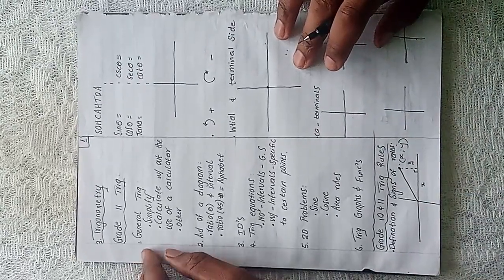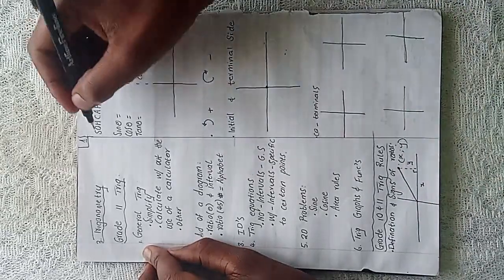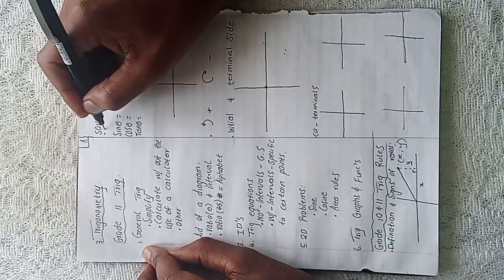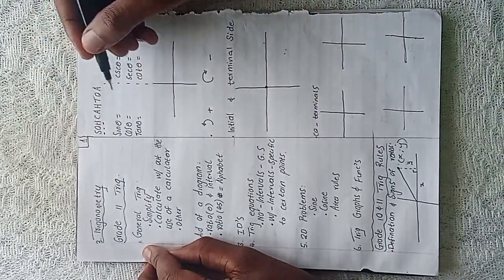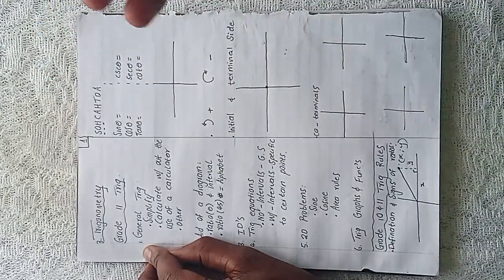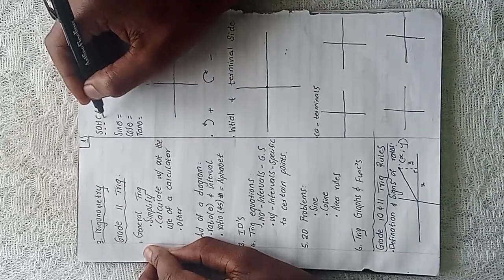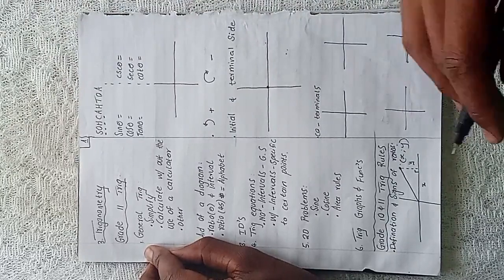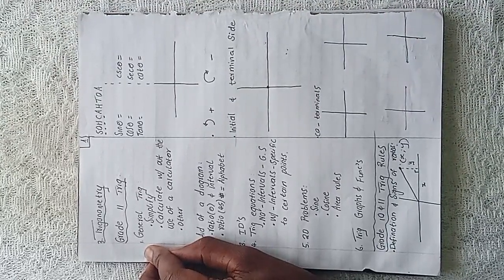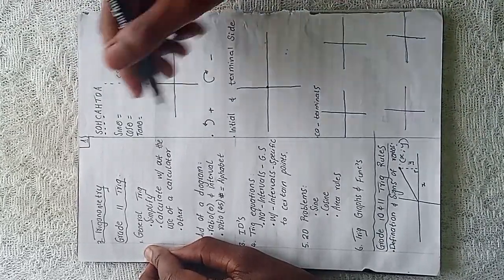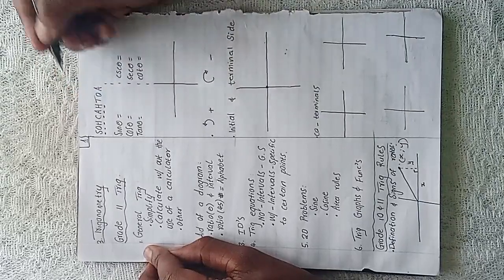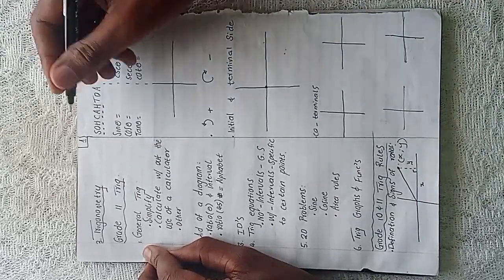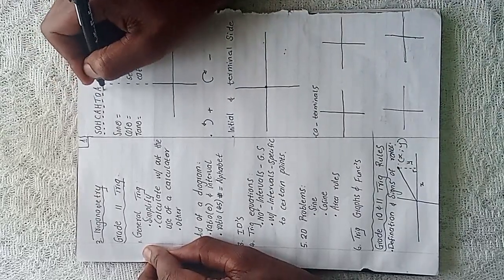I know everyone is familiar with SOHCAHTOA. S stands for sine, O opposite, H hypotenuse. So when we're using sine, it's opposite over hypotenuse. C stands for cos, and AH stands for adjacent over hypotenuse. So when we're using the ratio cos, it's adjacent over hypotenuse. T is tan, and it's opposite over adjacent.